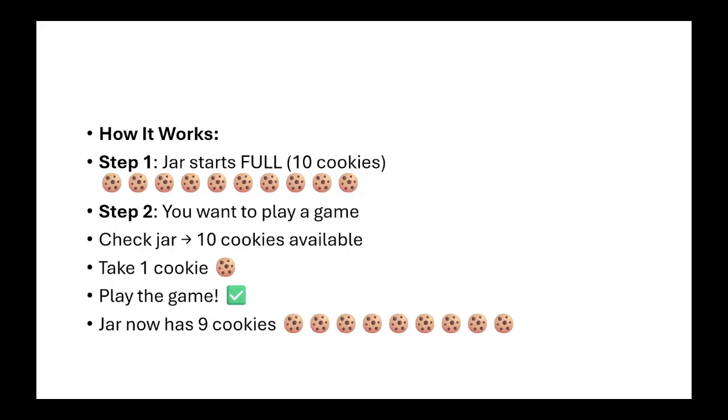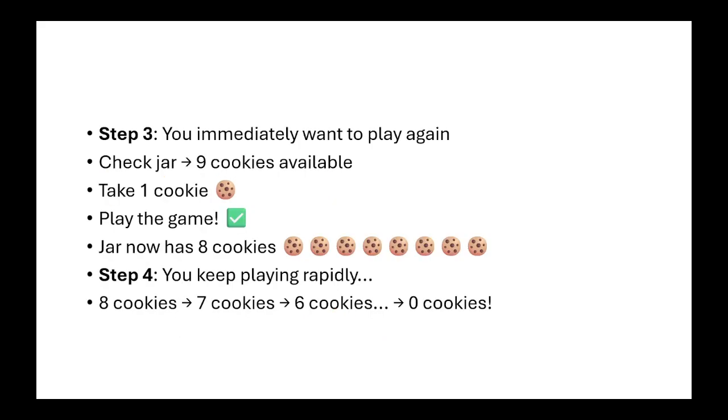Similarly, in the token bucket, when you send a request, it checks the token bucket to see if it has any tokens in it, and if it has tokens, then it will use one token, process your request and reduce the tokens in the token bucket. And again, imagine you want to eat a cookie again. Now again one cookie is deducted from the jar. Similarly, this process goes on till you run out of cookies.